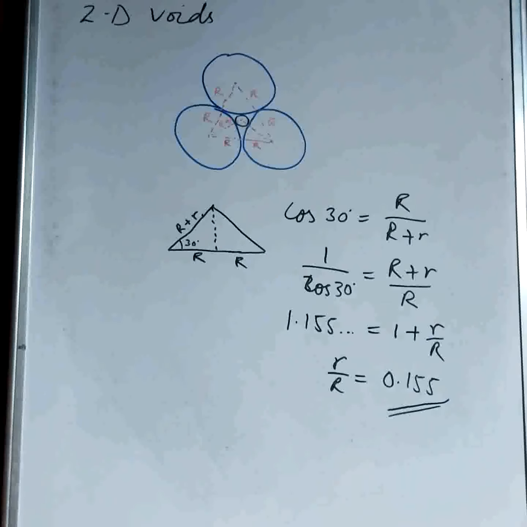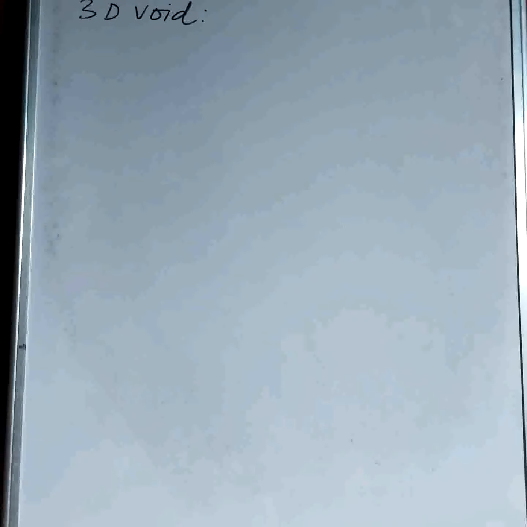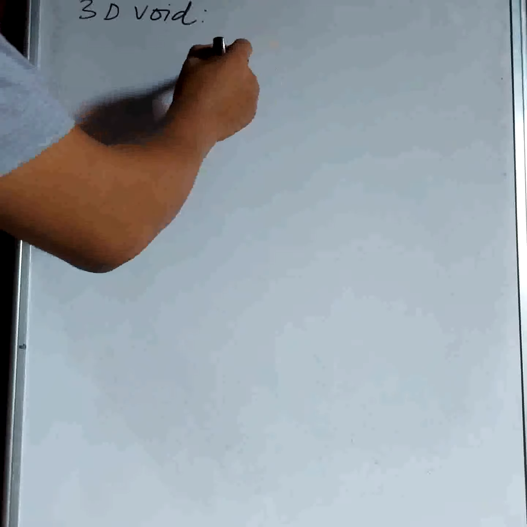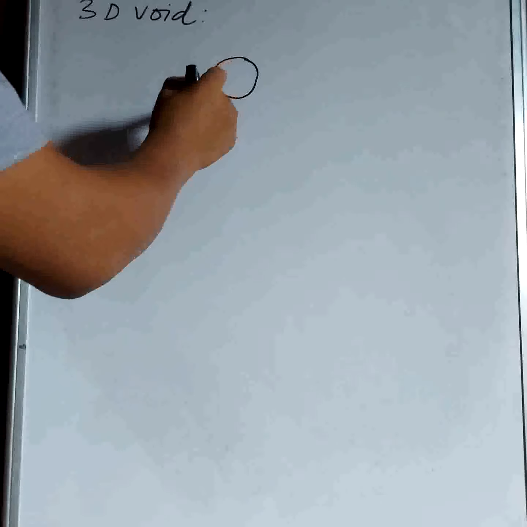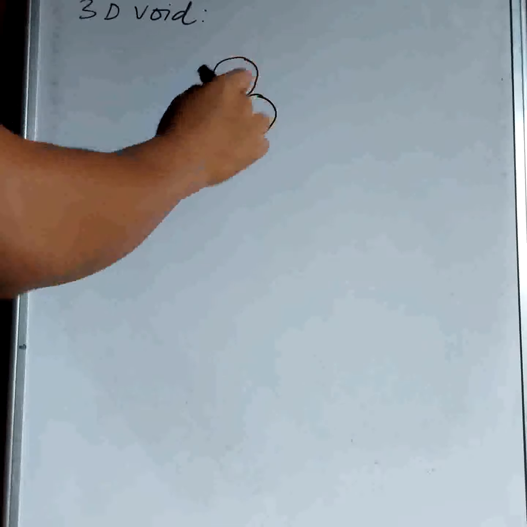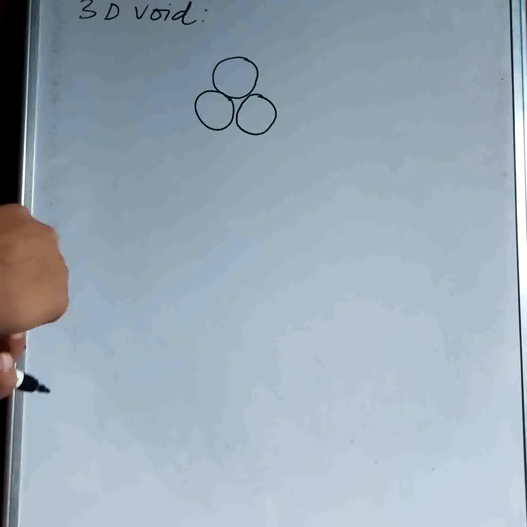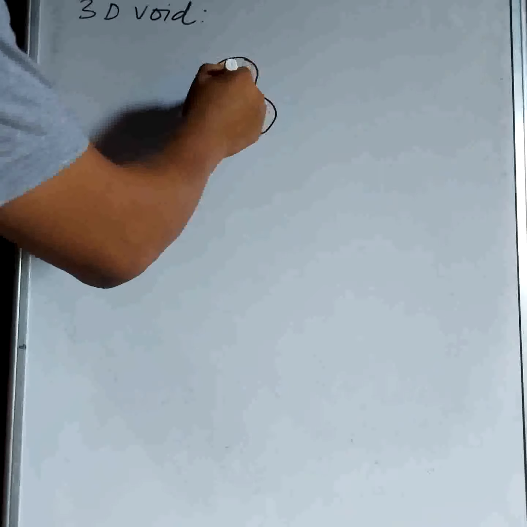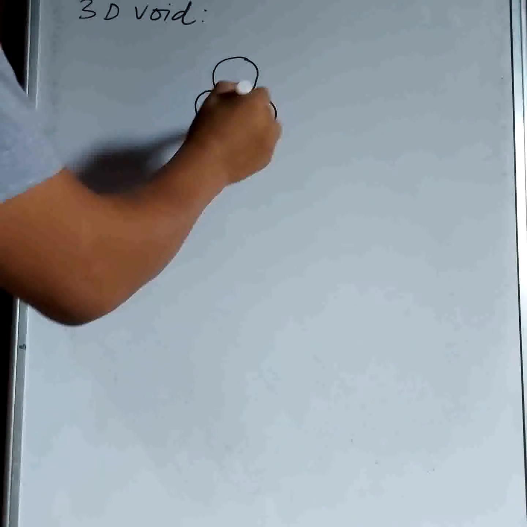So let's try to solve for a three-dimensional, or tetrahedral, void. For a three-dimensional void, there are two types. One is tetrahedral and the other one is octahedral. Now in a tetrahedral void, it is similar to that two-dimensional void where we have 3 atoms at the base, and on top of this we have another atom creating a tetrahedral void.